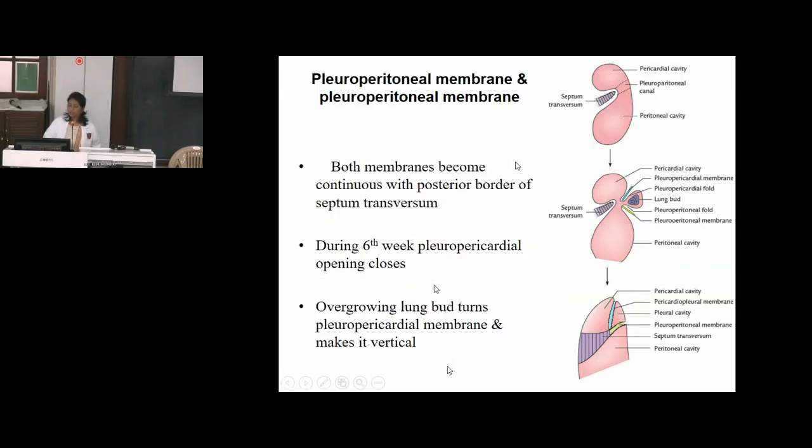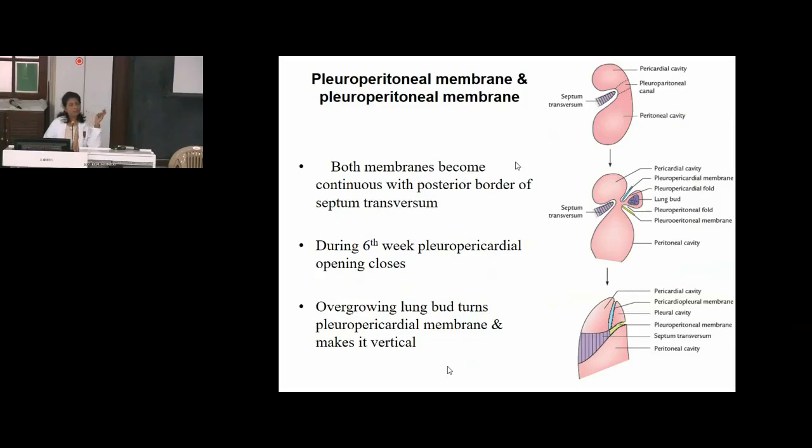Now both these membranes become continuous with the posterior border of the septum transversum. As I said, the pleuroperitoneal membrane is already forming the diaphragm, right? And this pericardio-pleural membrane is also growing down, and it is fusing with the posterior part of the septum transversum. So they both are fusing towards the septum transversum.